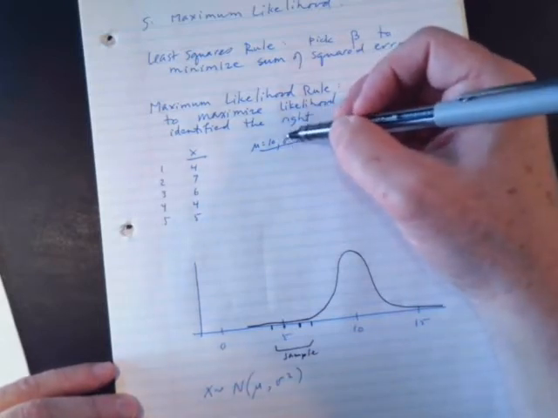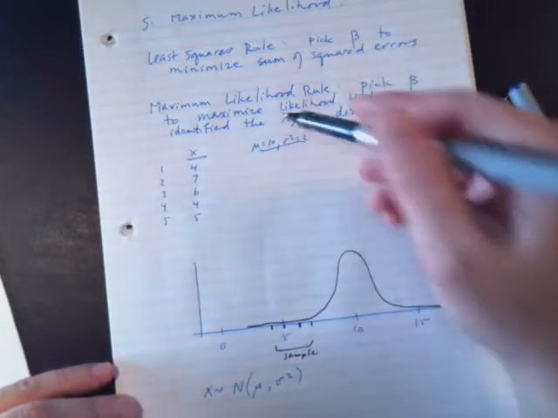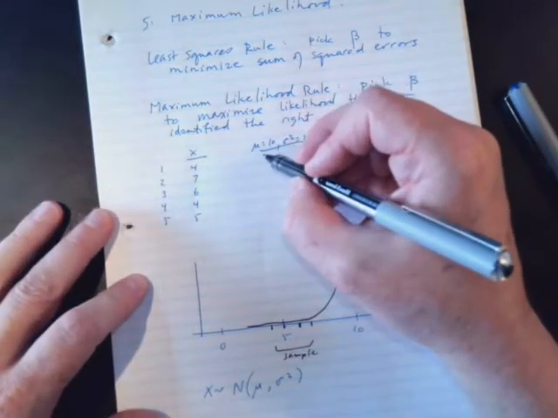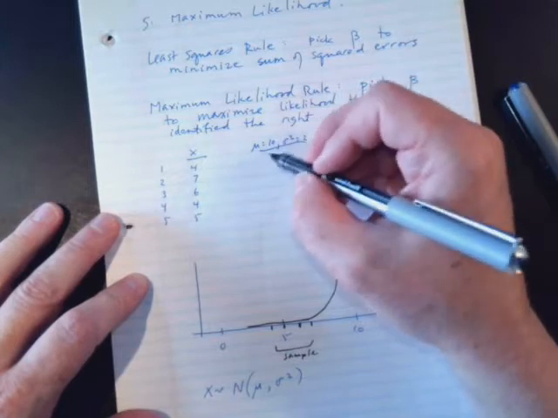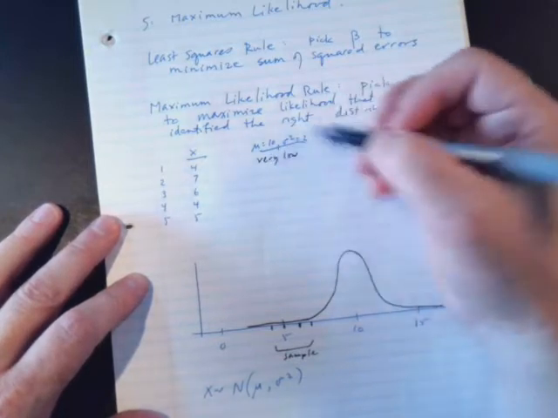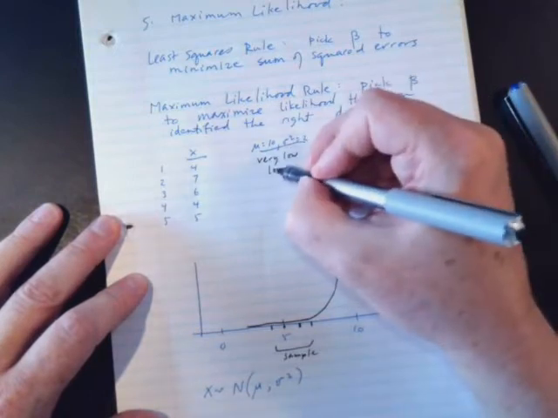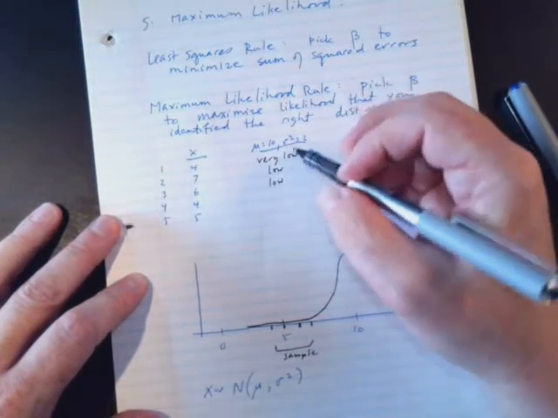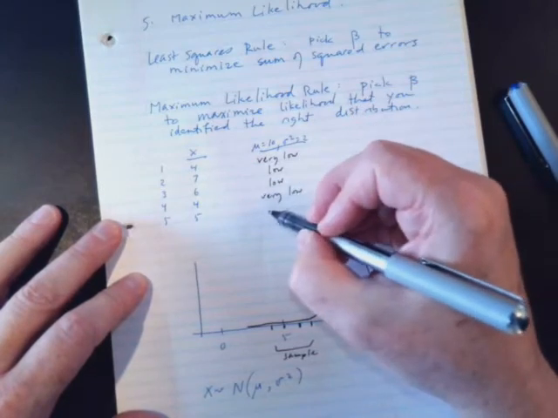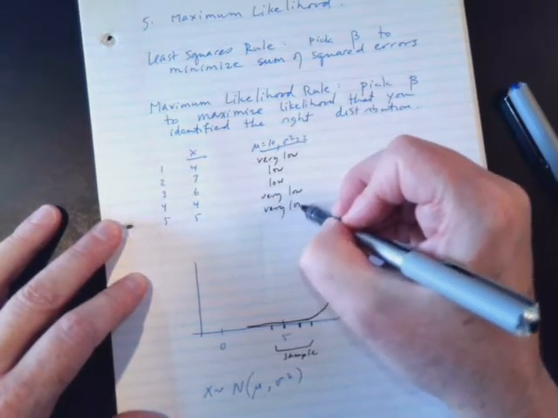So if you have a normal distribution with a mean of 10, a variance of 2, the likelihood of drawing a 4 is very low. And 7, well, it's still low. 6, it's still low. 4, very low. 5, very low.